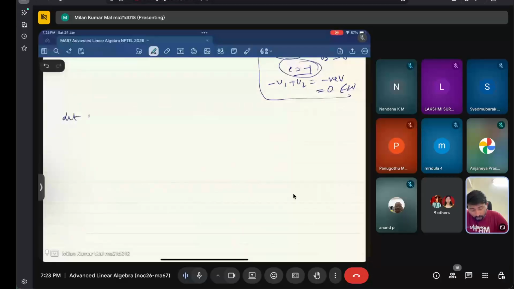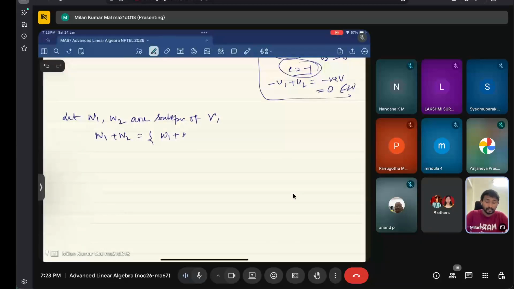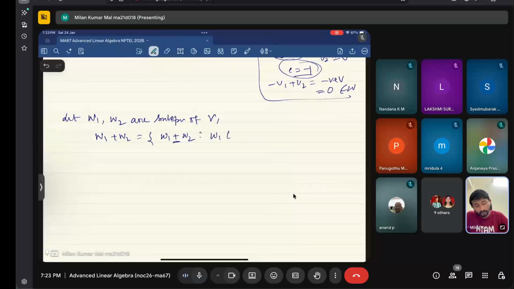Let W1 and W2 be subspaces of V. Then what I mean by W1 plus W2 is the set of all w1 plus w2. Here V is a vector space with an addition, where w1 comes from capital W1 and w2 comes from capital W2.